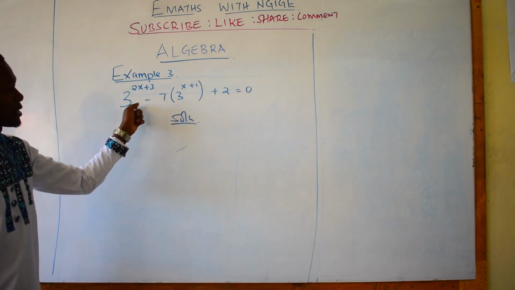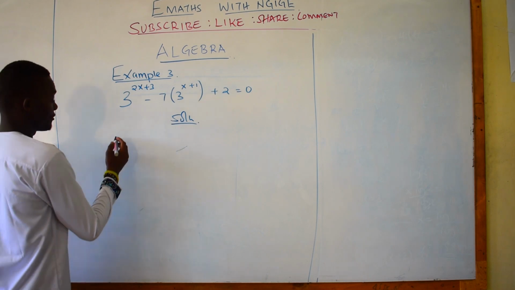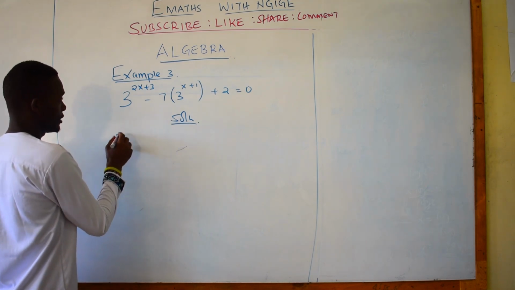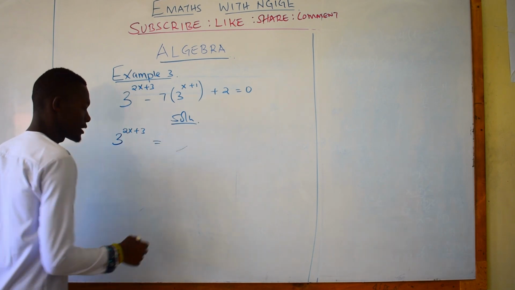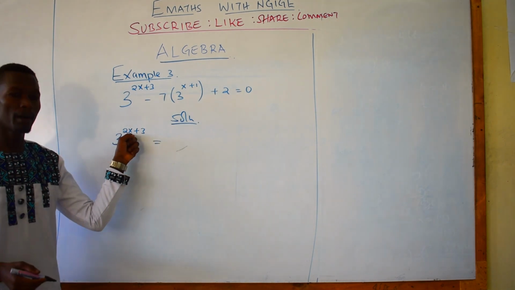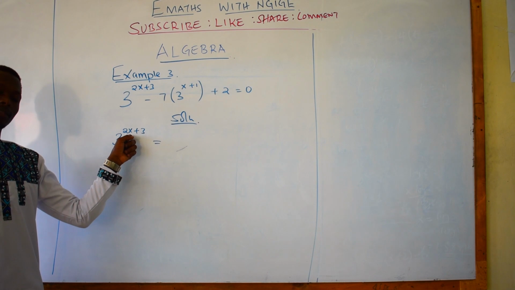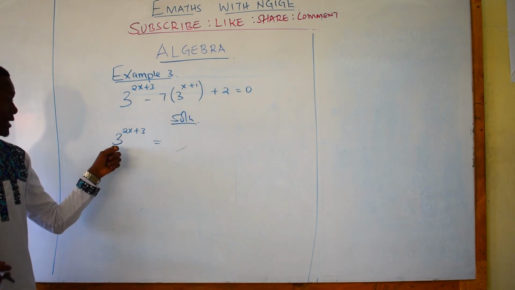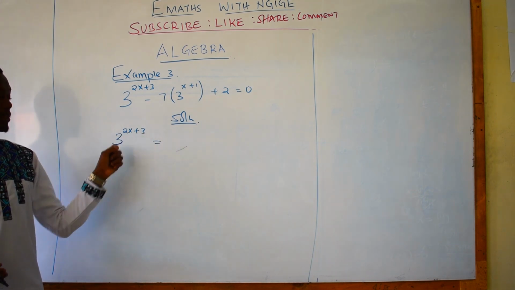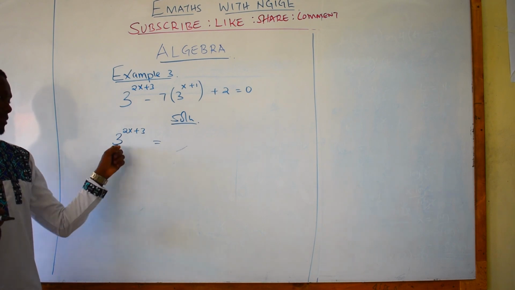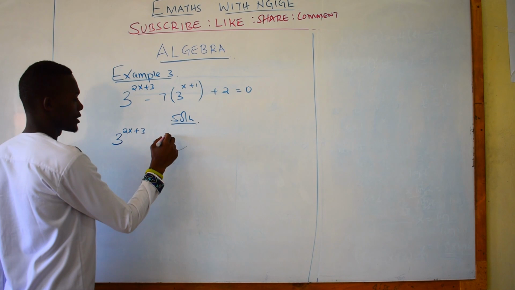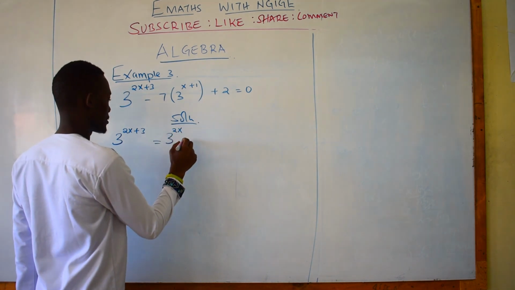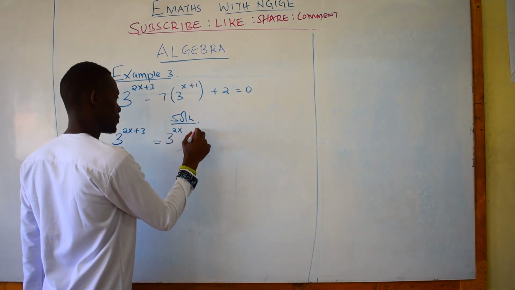Let's take these two terms here: 3^(2x+3). Using the laws of indices, when powers are added, it means the numbers were of the same base and were multiplied.